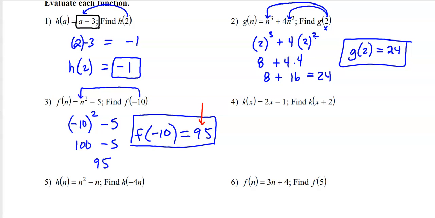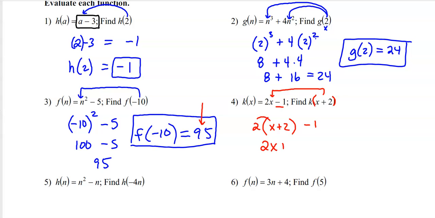All right, we have a K machine that's got 2x minus 1 as the rule. So now we got to dump in an expression. We're going to drop in this entire expression wherever we see an x. So I yank the x out, I drop the whole expression in there. Don't lose this minus 1. That still comes along for the ride. So I distribute.